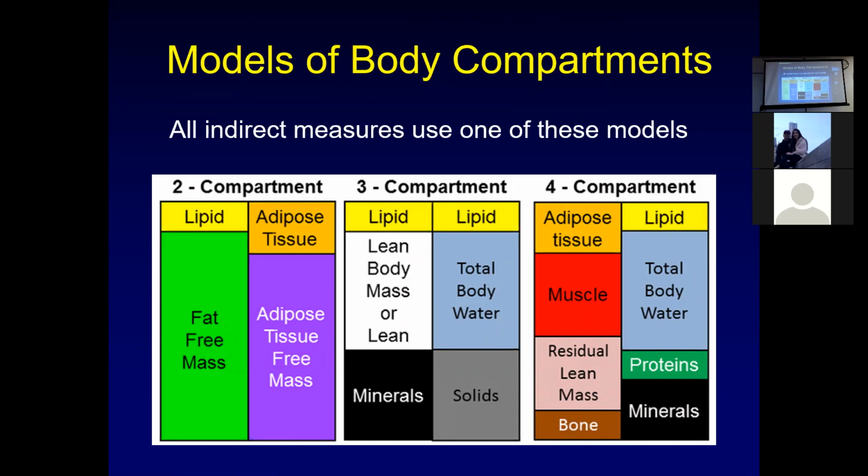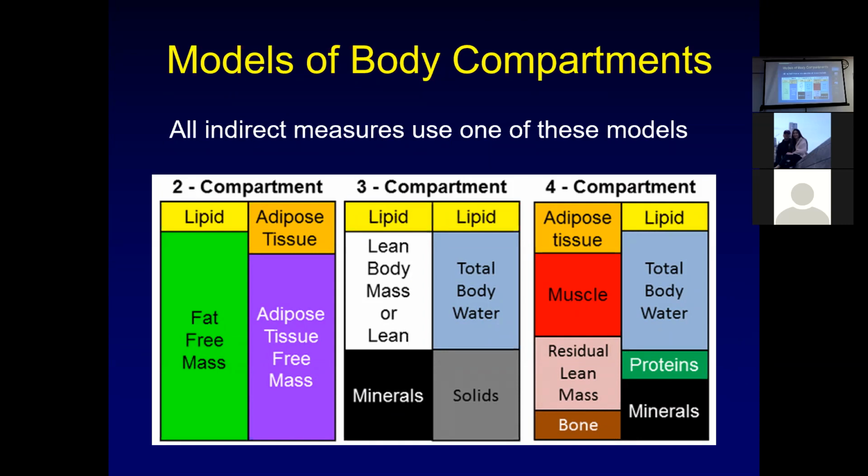I'm going to start off with what most of our measures in our labs would use, a 2-compartment model. 3 and 4 compartment models are more sophisticated and generally a little bit more accurate, but they can also end up being more difficult to do.